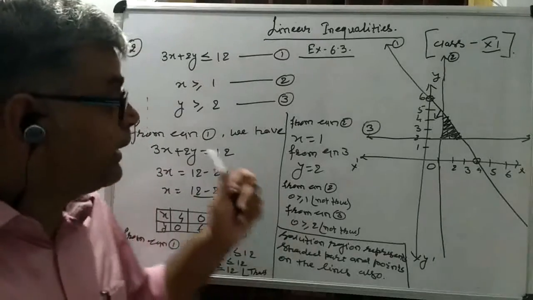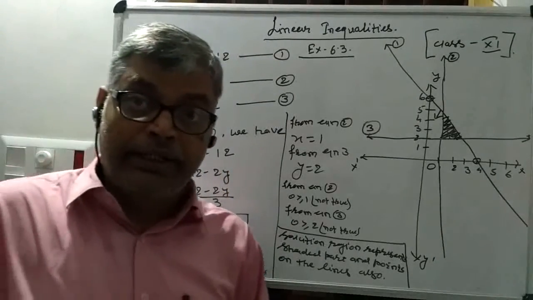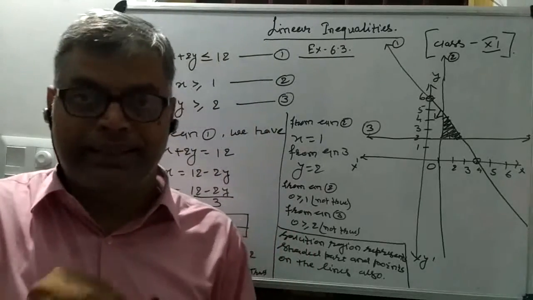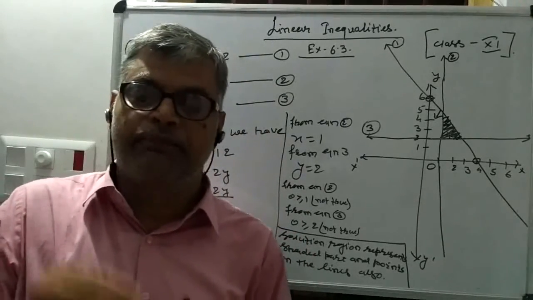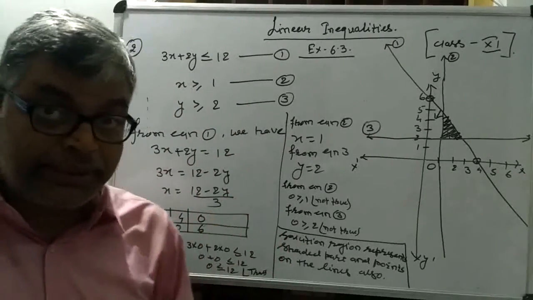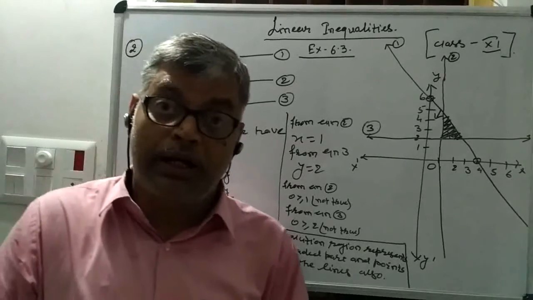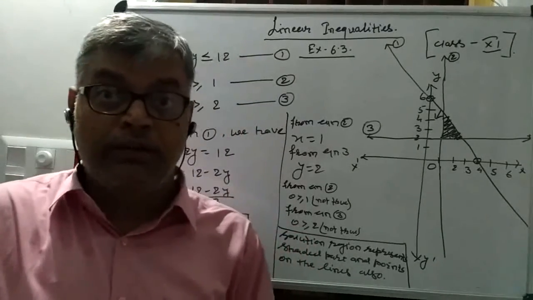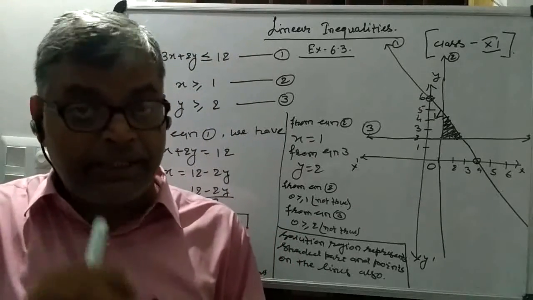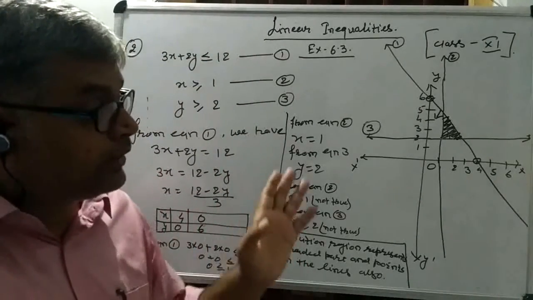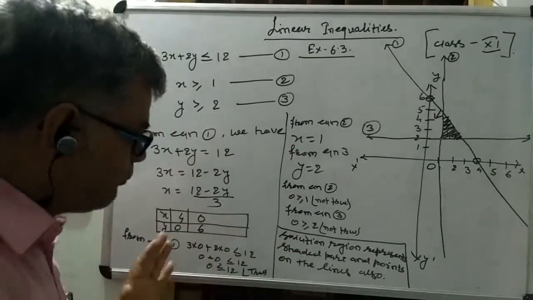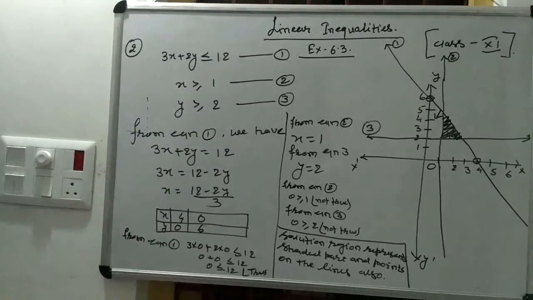If the inequalities are simple, then the solution region will contain all the points in the shaded portion as well as the points on the lines. But in the case of strict inequality, the solution region contains only the points in the shaded region. The points lying on the lines will not be part of the solution. So this is the difference between these two.